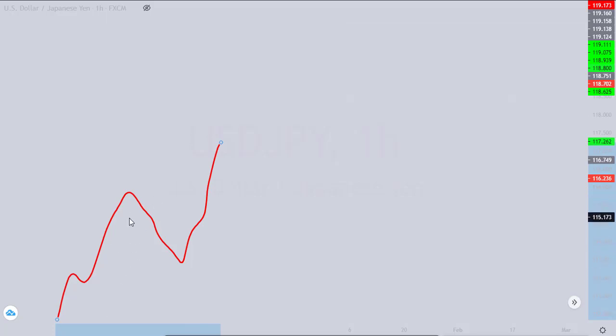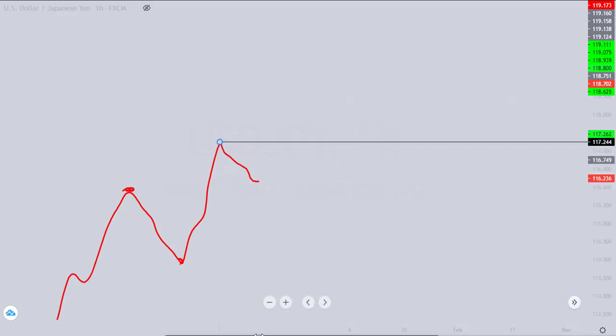Once you have this, of course, you have a break of structure. Our structure high is broken here. This is the beginning of the new trend. Once the structure is broken, the market starts returning back here.